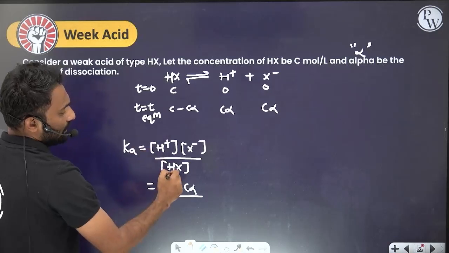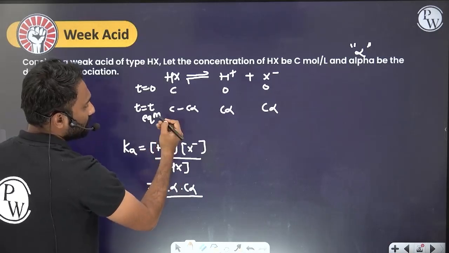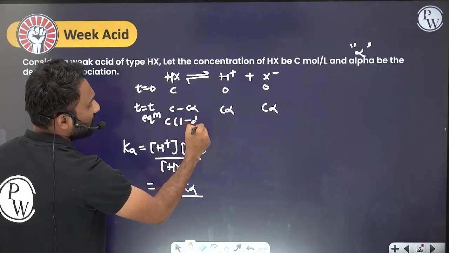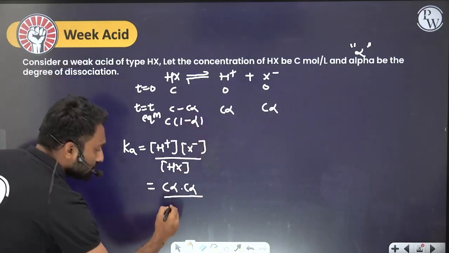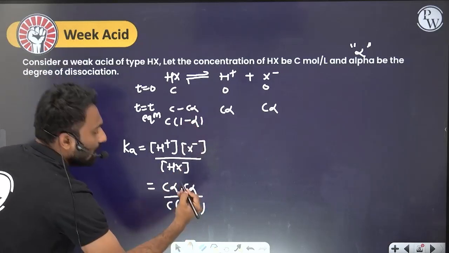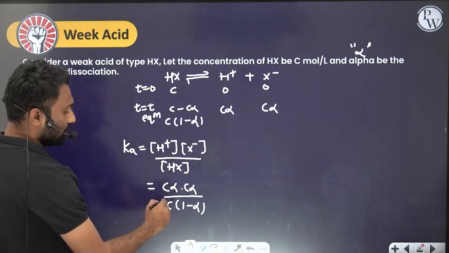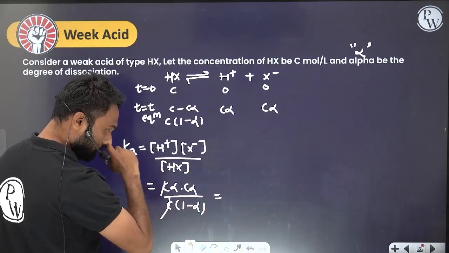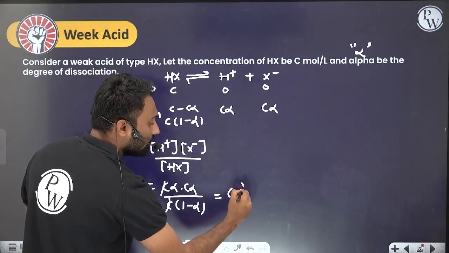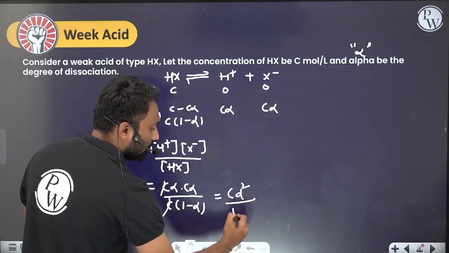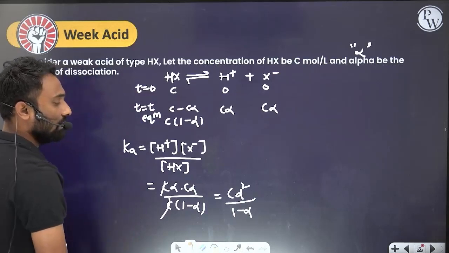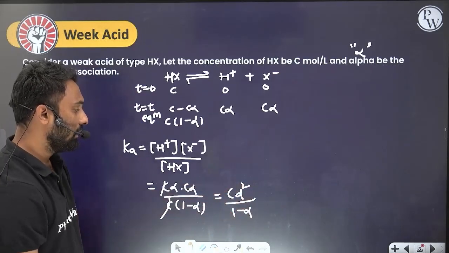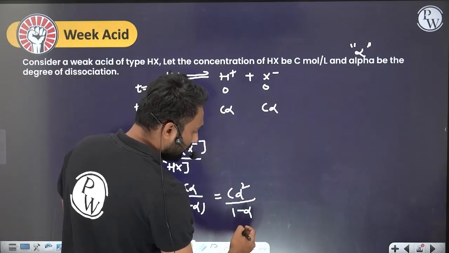HX concentration can be written as C into 1 minus alpha. The C will get cancelled, and we get C alpha square by 1 minus alpha.